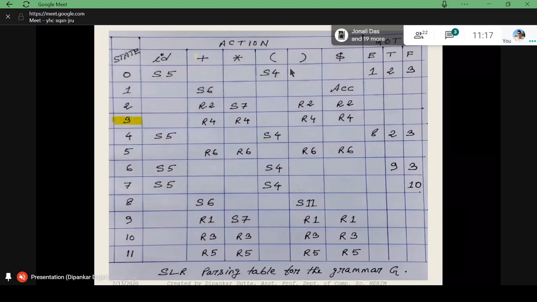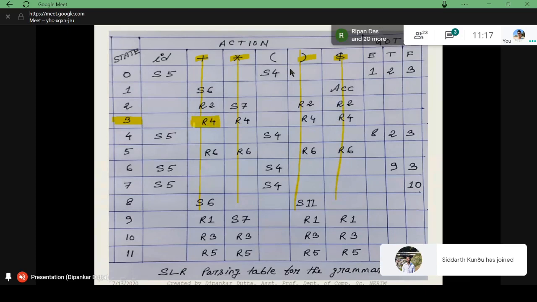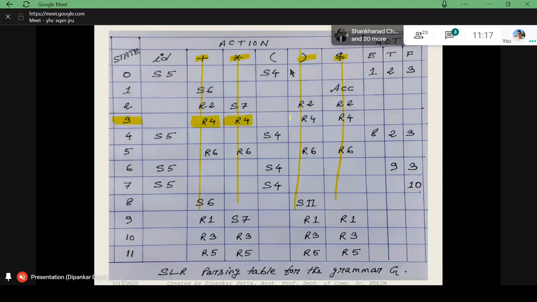We have chosen plus, star, right parenthesis and dollar. See, are there entries? Any entries? Yes. R4, reduce. Then what is 4? Okay, we'll see now. What is 4? R4.